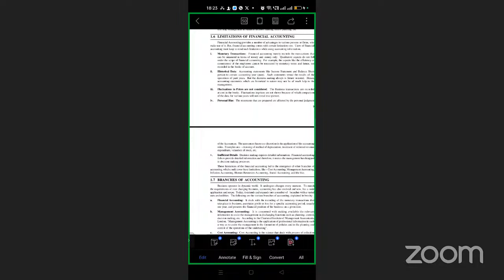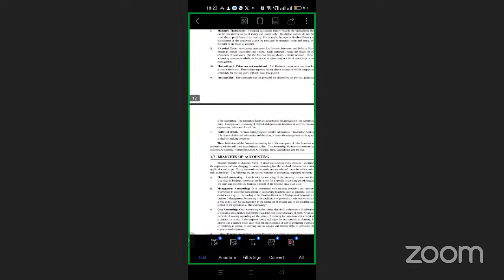So apart from financial accounting, we need additional accounts like cost accounting, management accounting, inflation accounting, human resource accounting. Only with the help of all these accounts can we give the correct and appropriate analysis of any organization. So these are the limitations.